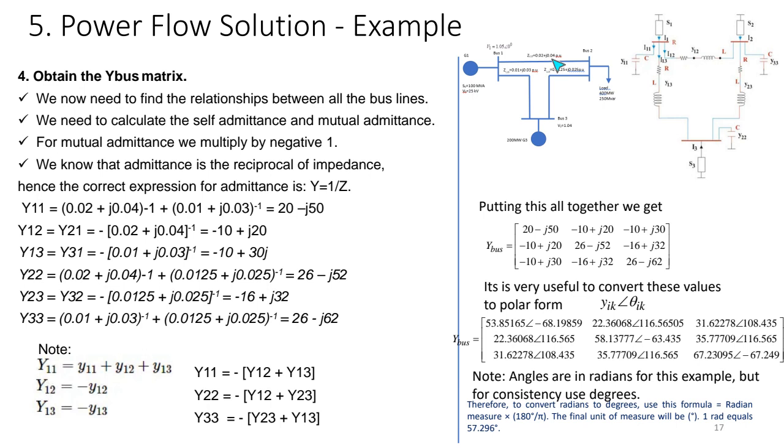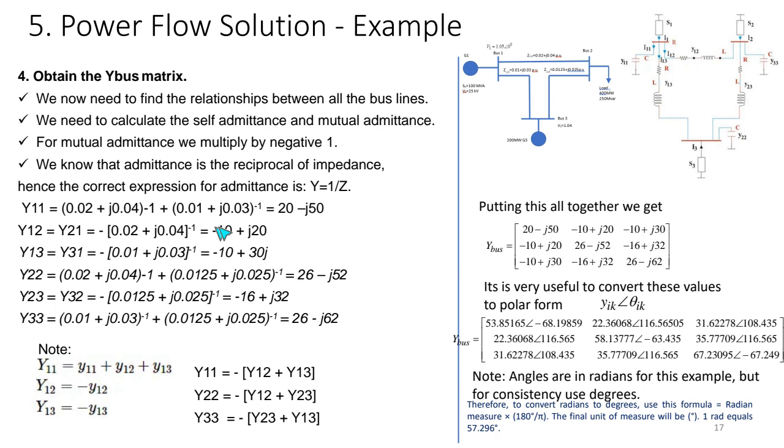Y12 is this one, 0.02 plus 0.04j. We take that value, and then y13, the connection between bus 1 and 3, is this line, which is 0.01 plus 0.03j. So we can calculate this value and get 20 minus j50.